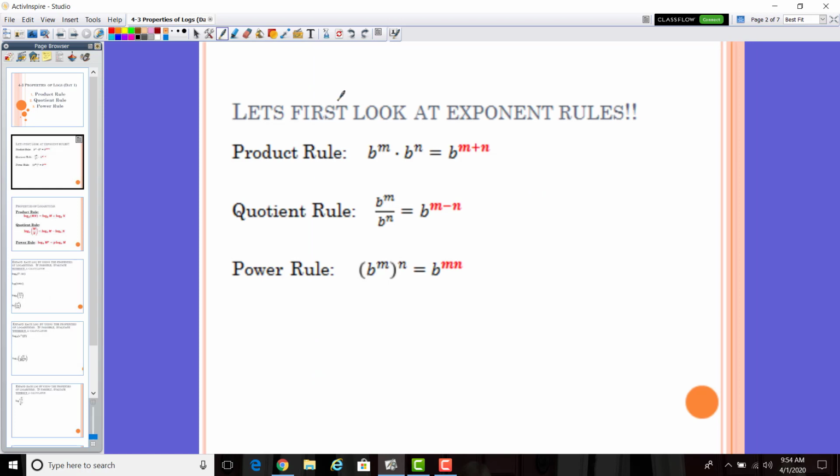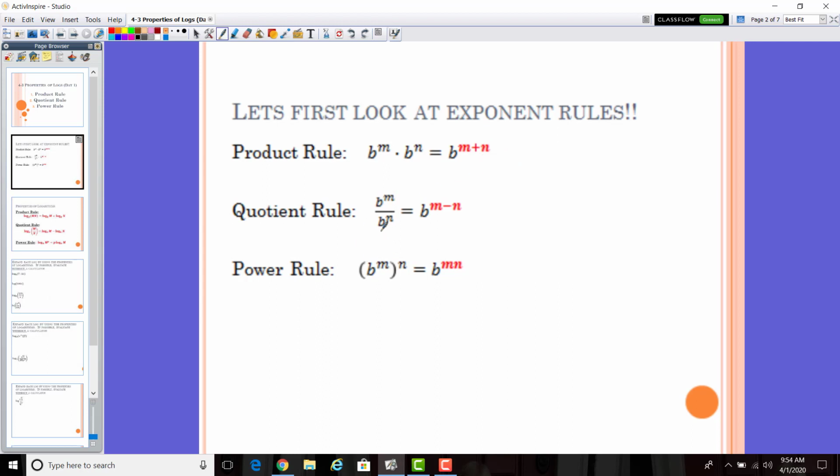These are the same type of rules but for exponents, and I just want you to pay attention to the operations that are happening in these. These are all rules that we've used in this class. If we have 2 exponential terms that are being multiplied and the bases are the same, we're allowed to add our exponents together. So in the product rule, there is a component of addition.